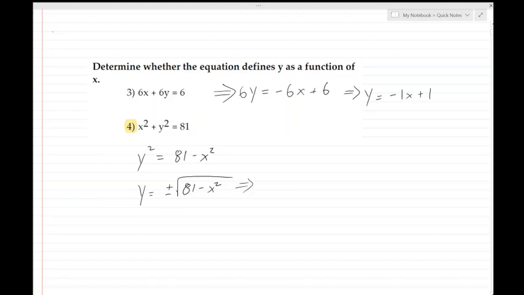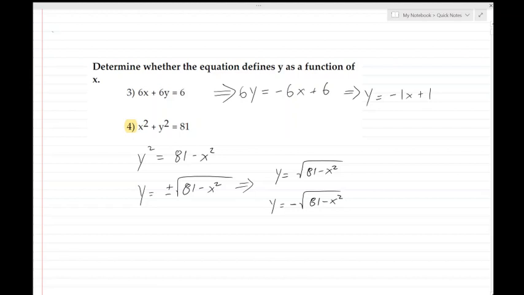That means there are two functions, the positive square root and the negative. So y is not defined as a single function of x. It is defined as two: one that's the positive square root, and the other that's the negative.